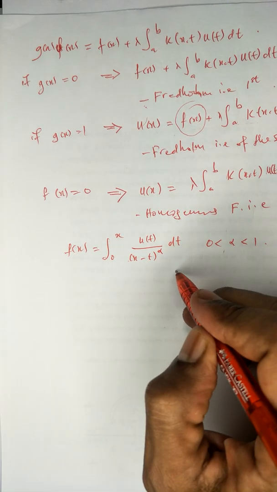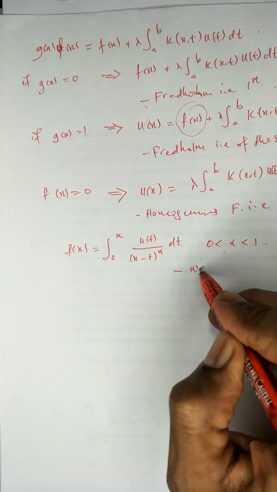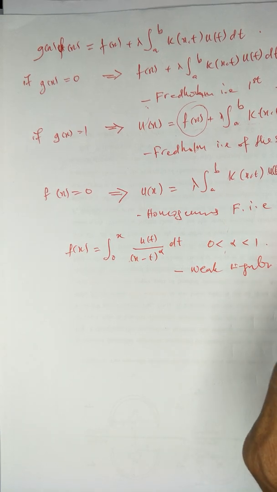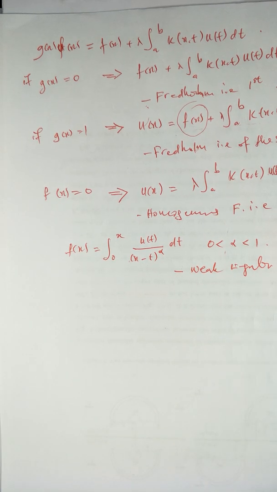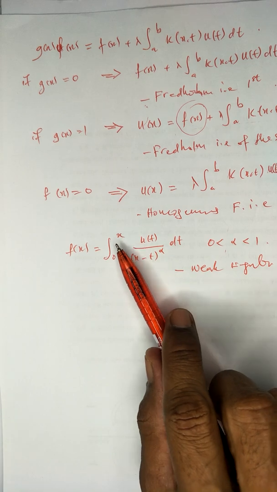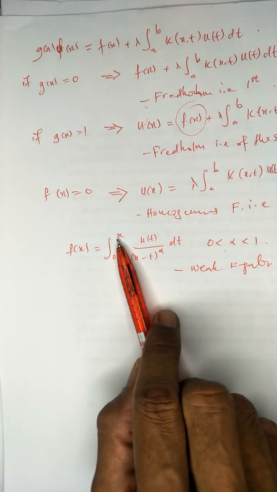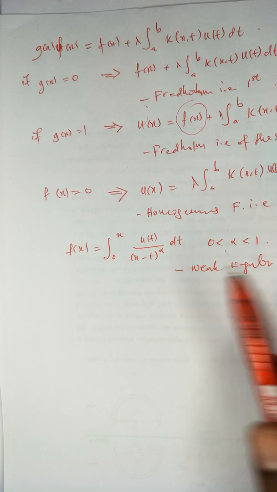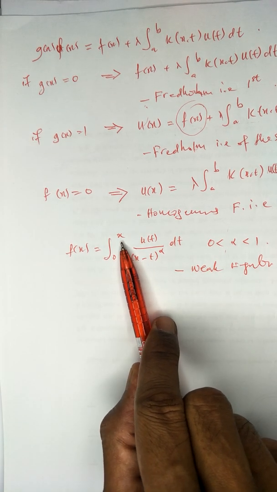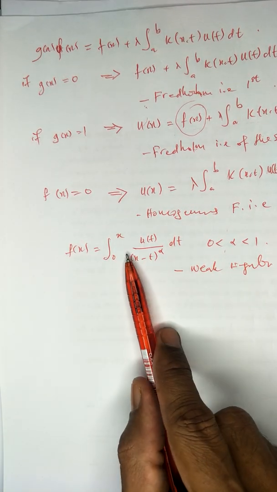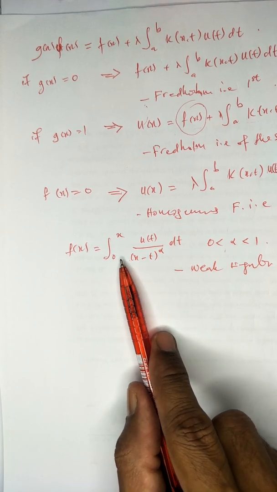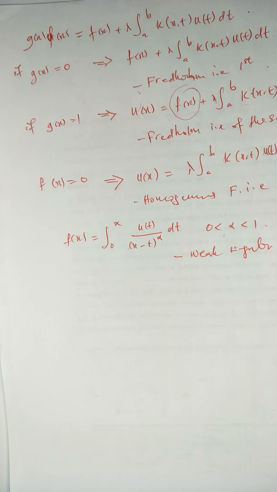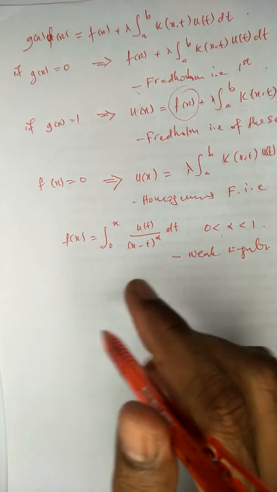For this case, we call it a weak singular integral. If the upper limit is fixed, then it's a Fredholm integral; in this case it is variable, so this is a Volterra type singular integral.